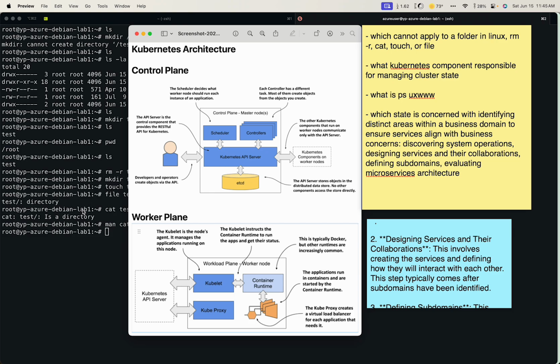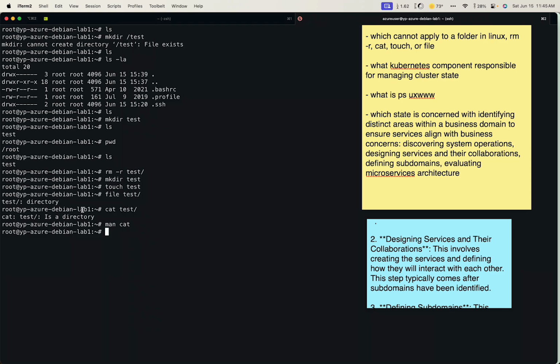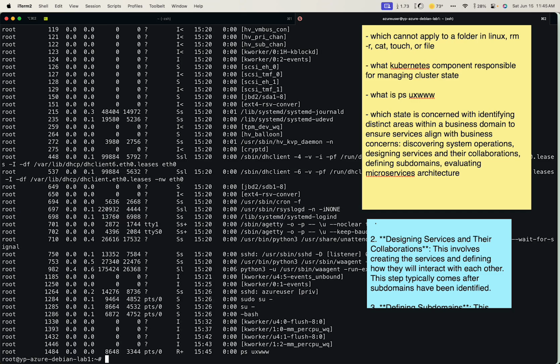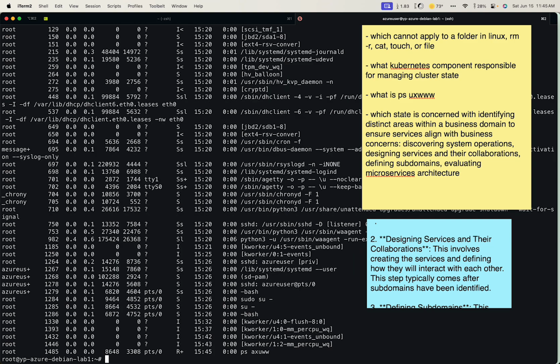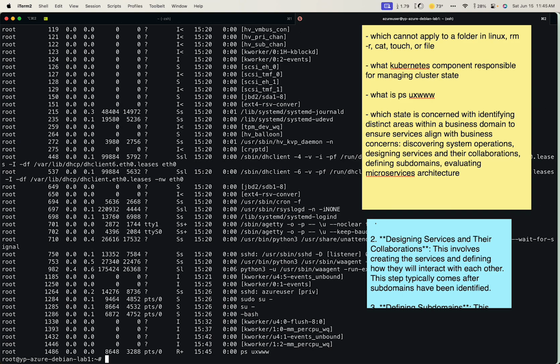So most logically, the Kubernetes API server is the component responsible for managing cluster state. Another command was, what is ps uxwww? And there were a couple different options that were similar. I always use, really blindly, just ps auxw, and it shows every process running on the system. ps uxwww essentially does the same, except it only lists the current user's processes with all the details.